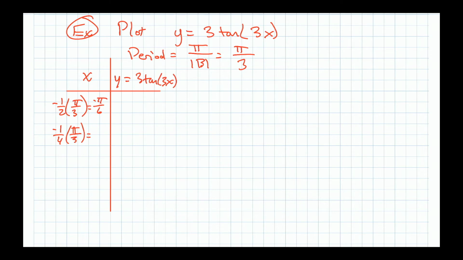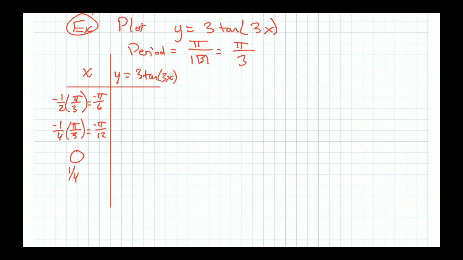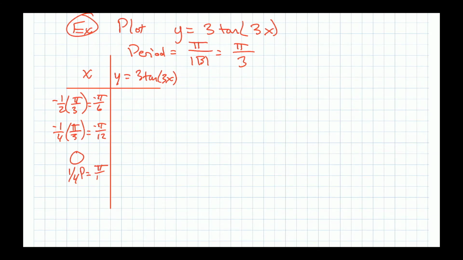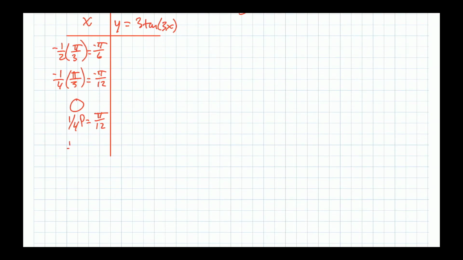What's that? That's negative pi over 12. Then 0. Then you have 1/4 period, which is going to be positive pi over 12 in this case. And we got a 1/2 period, which is going to be pi over 6.